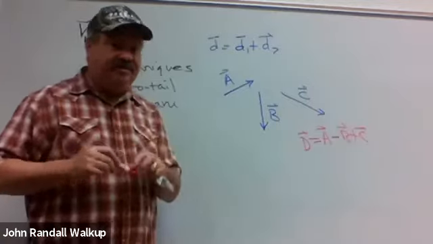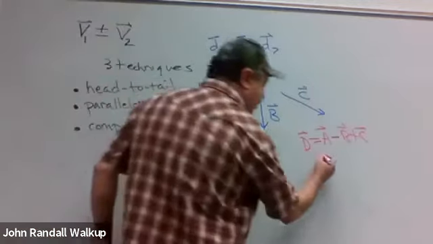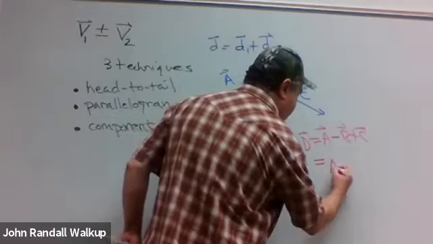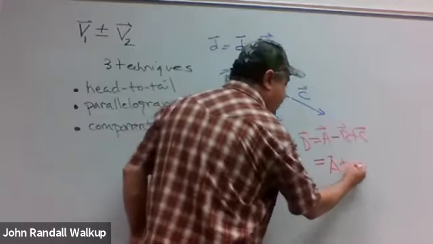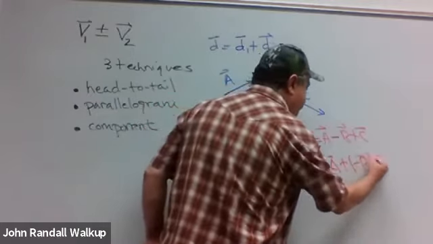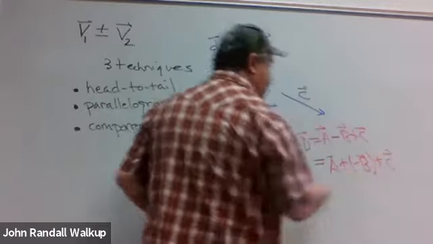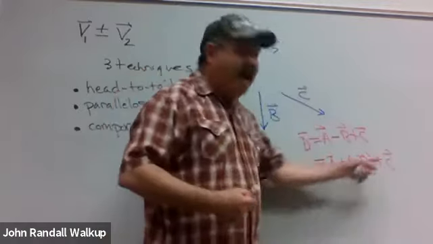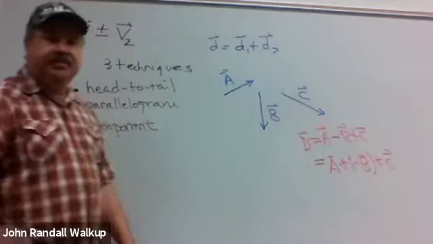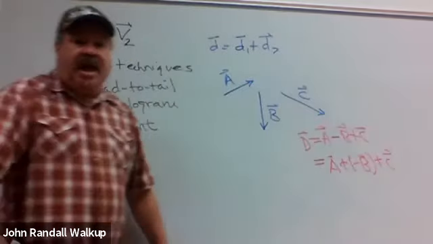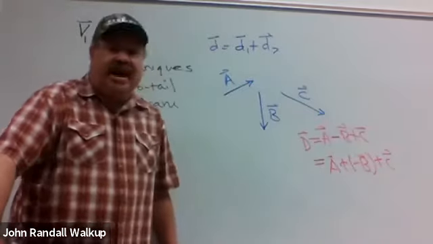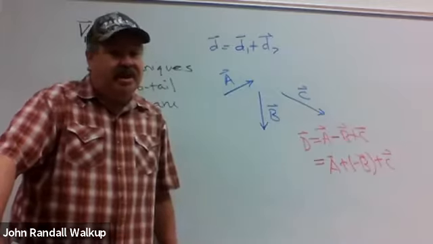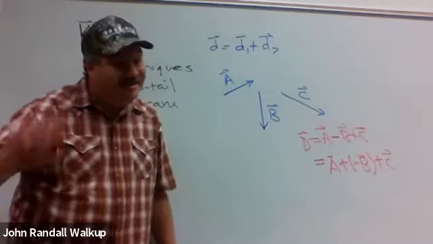There's a little trick. We would simply say, well, this is just A plus negative B plus C. Instead of subtracting B, I add negative B. I can do that. Subtracting $6 from your wallet is the same as adding negative $6. Same thing.